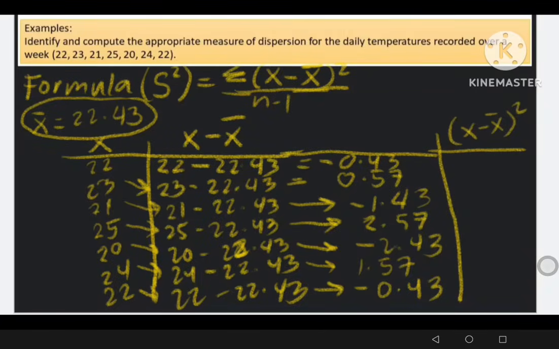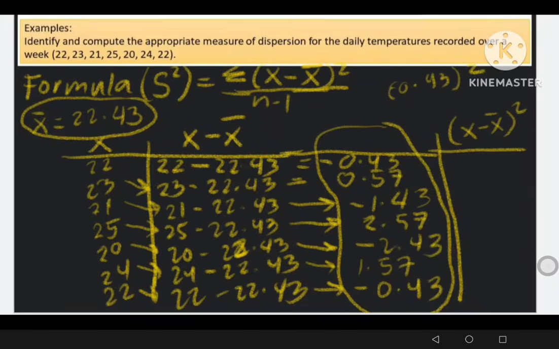We will use our calculator to square these results. For example, negative 0.43 squared. The result of negative 0.43 squared is 0.18.